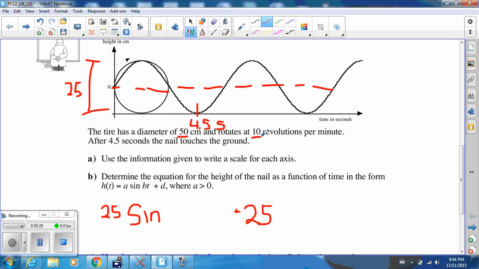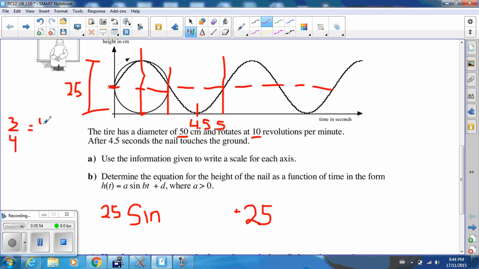So if that's the piece of information that I'm going to be working with here, I can go, all right, if this is 4.5, I can see of the 4 pieces of this graph, that's 3 of them. Or the wheel has gone 3/4 of the way around if it's here and then ends up down here. So it's gone 3/4 of the way around.